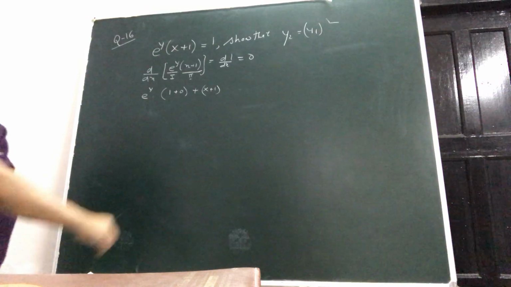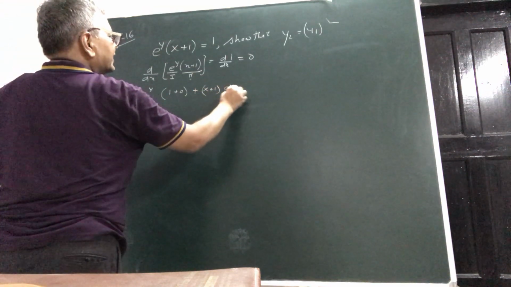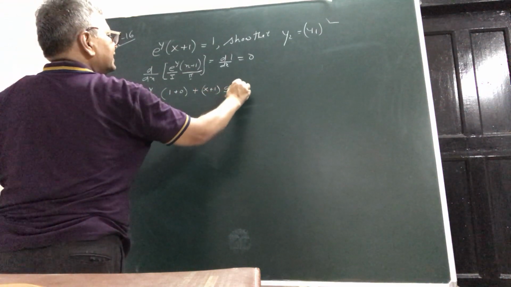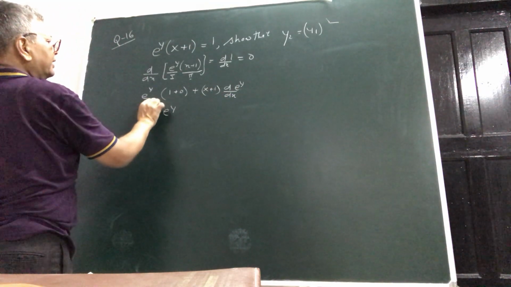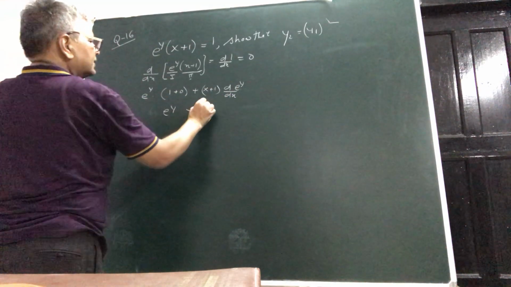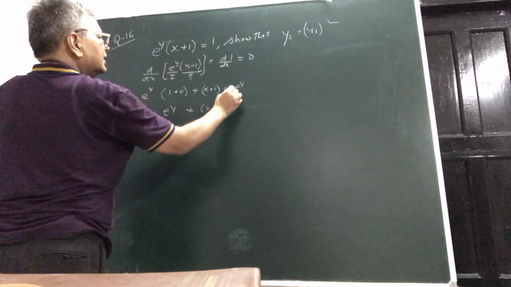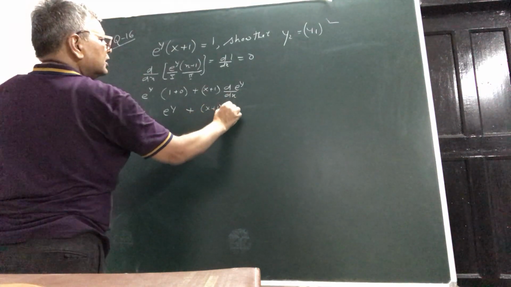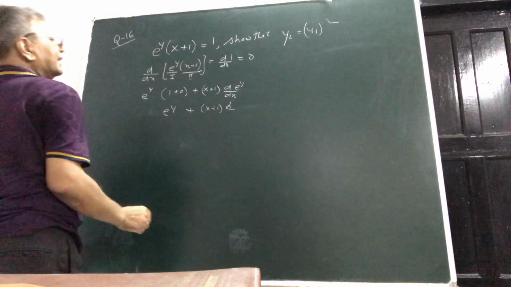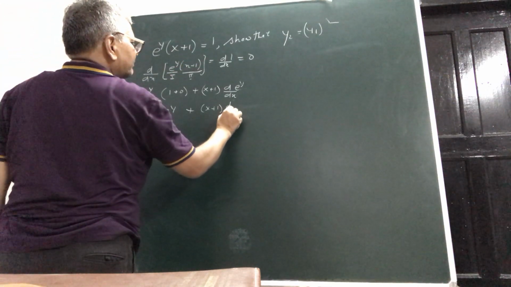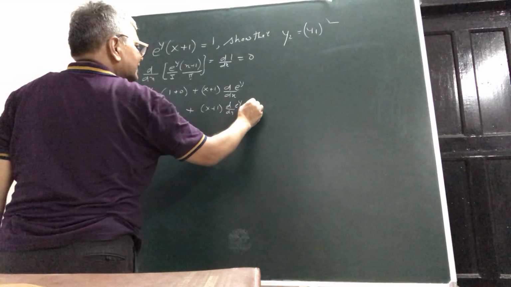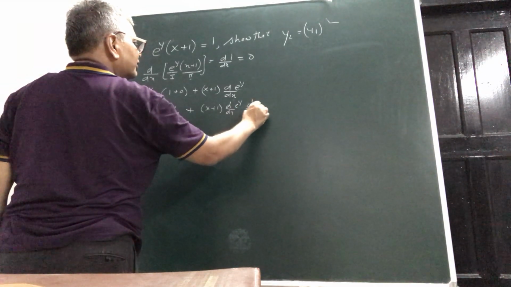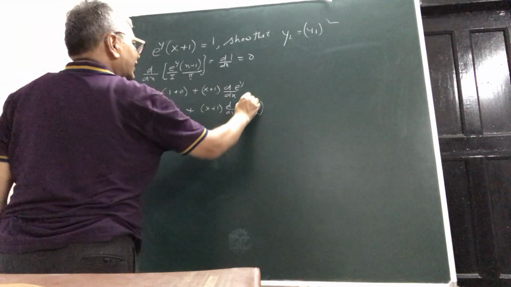Please see, what is the derivative of e to the power y? It has to be written d by dx of e raised to power y. So it will be e raised to power y into (1 plus 0), plus (x plus 1) d by dy now, because y is again a function of x, so d upon dy of e^y into dy by dx, and dy by dx what you will prefer writing is y1.